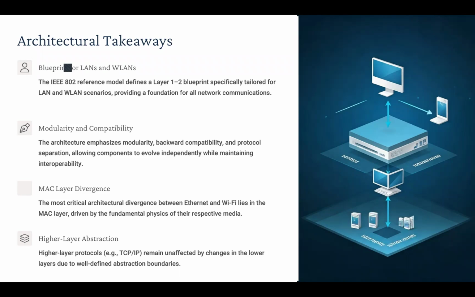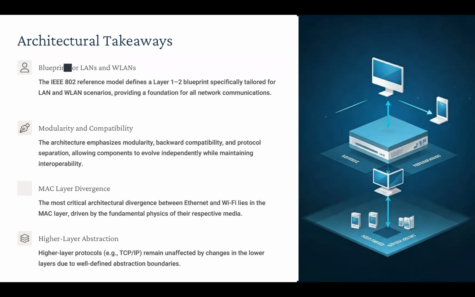The architecture is modular, as we said, meaning each sublayer can be upgraded and evolved independently. IEEE 802 enforces a clear separation of concerns between the sublayers, in a way that logical functions are separated from physical transmission details.